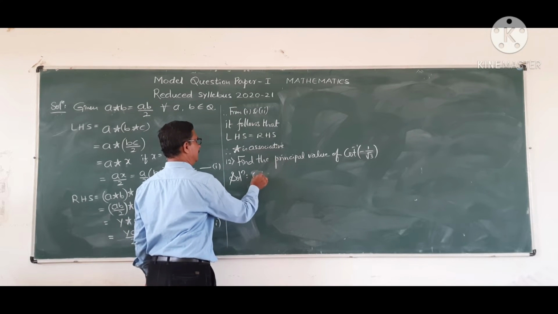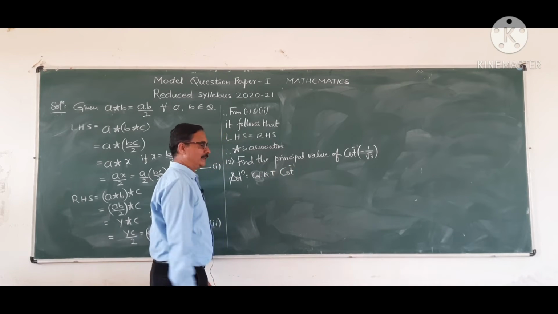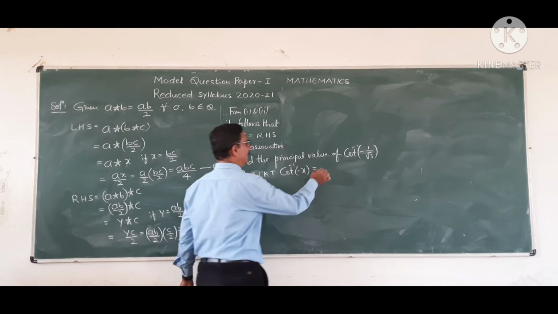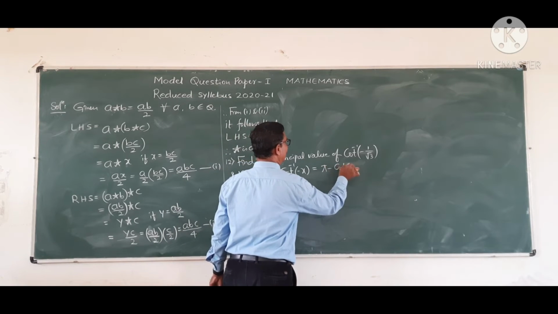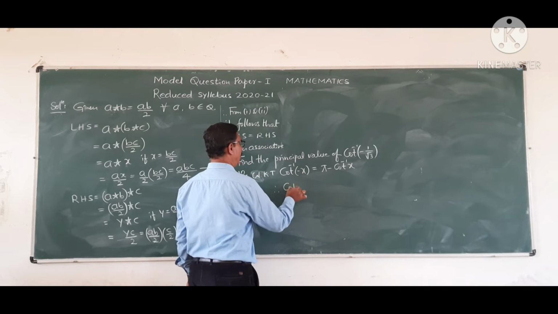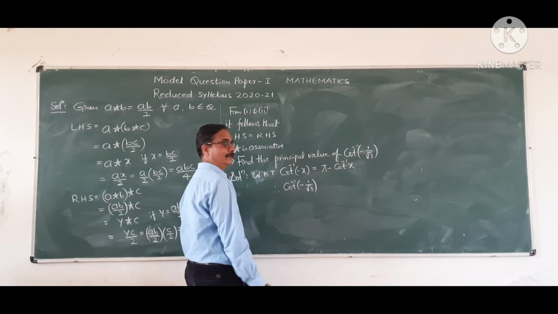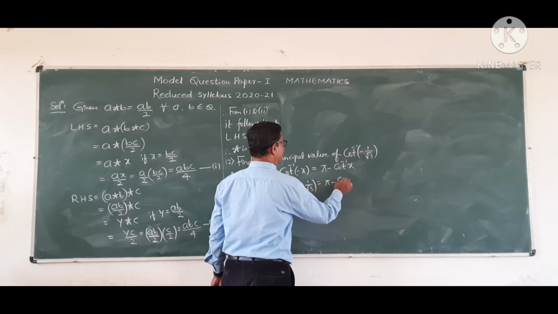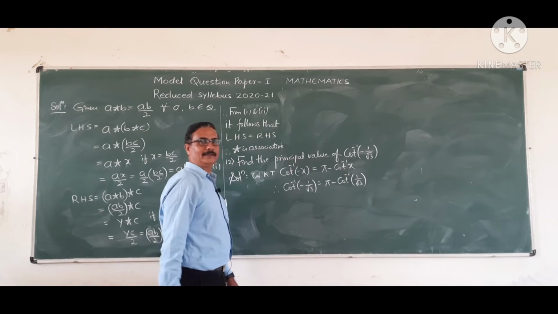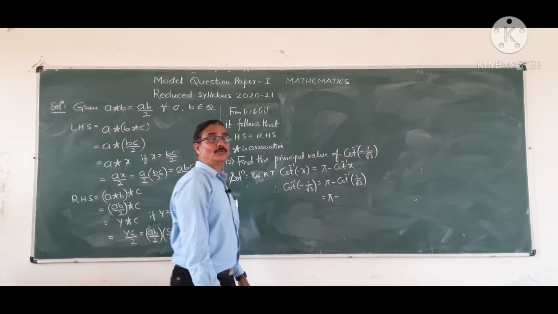We know that by using properties of inverse trigonometric functions, cot inverse of minus x, what is the formula? Pi minus cot inverse of x. Therefore cot inverse of minus 1 by root 3 is equal to pi minus cot inverse of 1 by root 3. Okay, simplify.